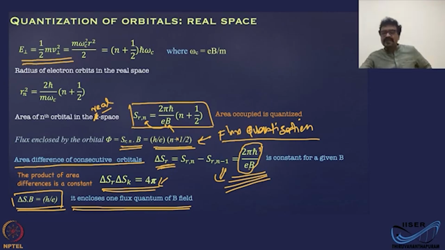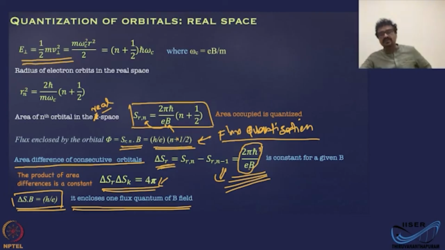All right. So what we have seen in this lecture is the formation of Landau levels under the action of a magnetic field, and also Landau tubes in 3 dimensions. Then the quantization of the electron orbitals in k space and real space, and the flux quantization in a closed orbit in real space.